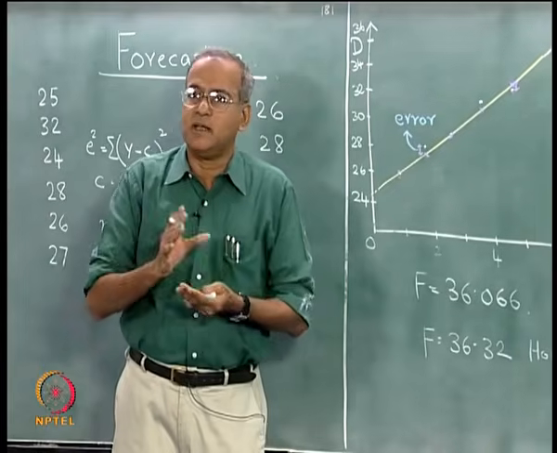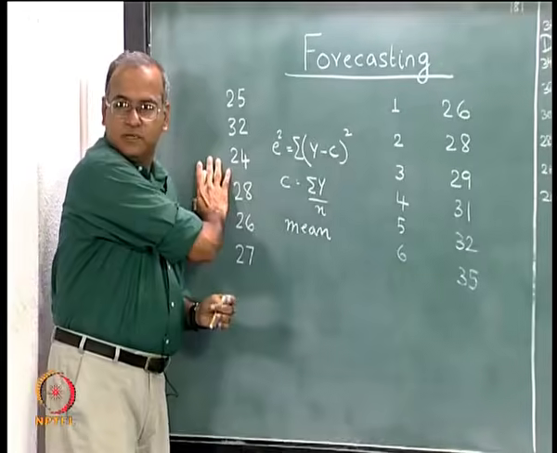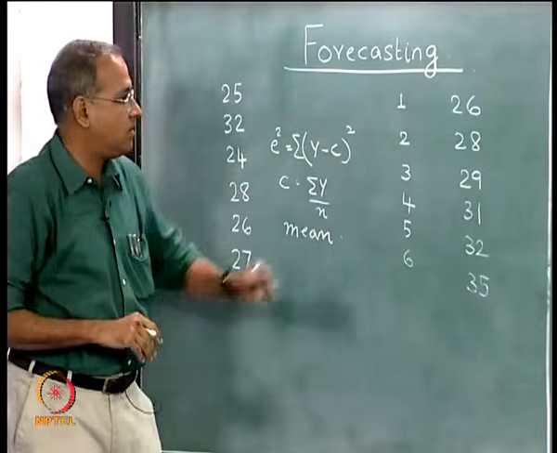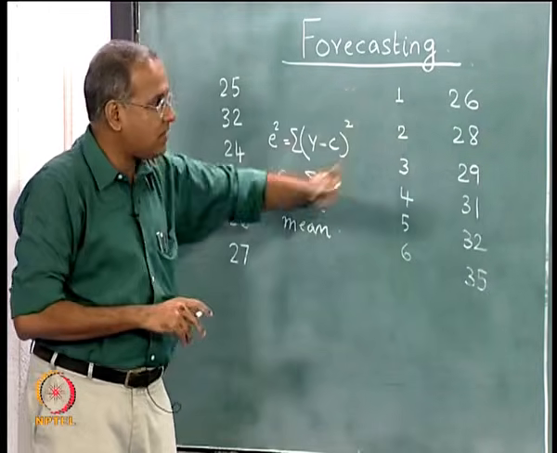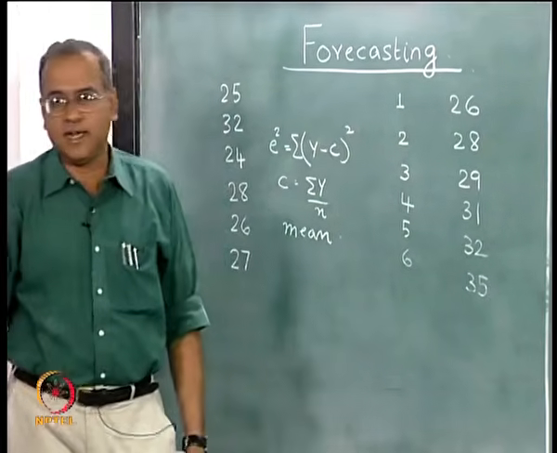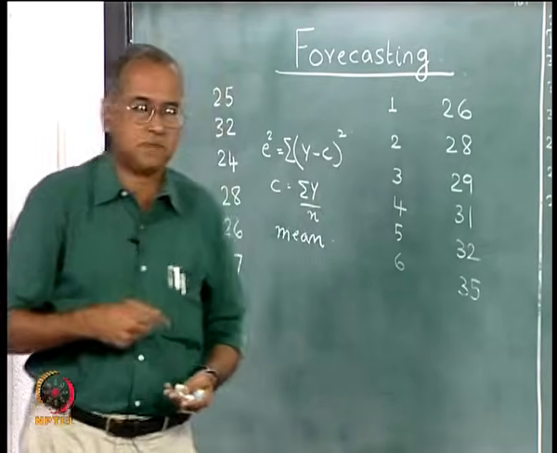So, in some sense what simple exponential smoothing did to this data, Holt's method tries to do to this type of data. This is how we normally forecast when the data exhibits trend. We will now see one more aspect of forecasting.